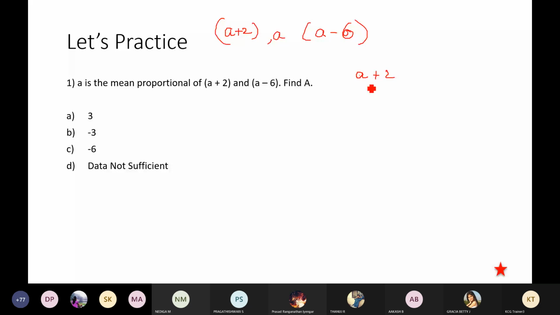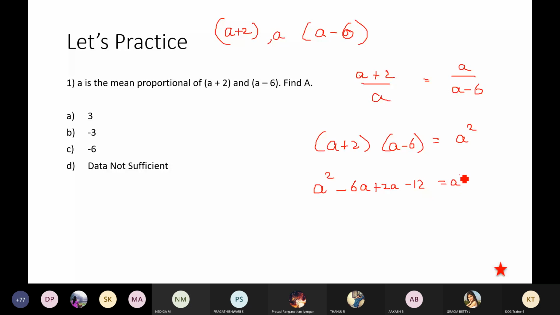So A square is equal to A plus 2 into A minus 6. When you multiply them, you have A square minus 6A plus 2A minus 12 is equal to A square.